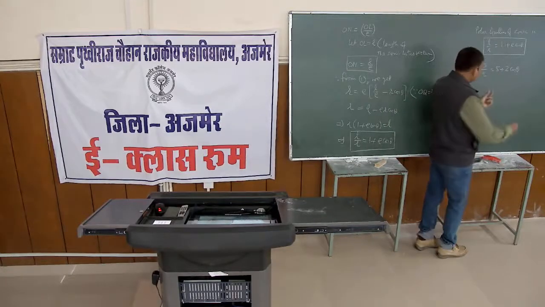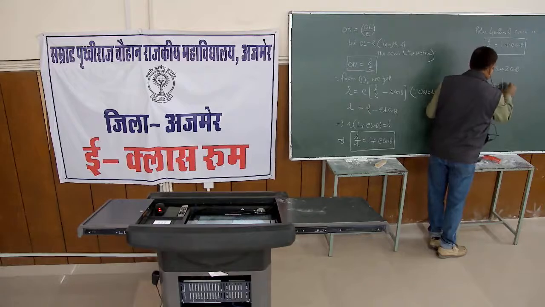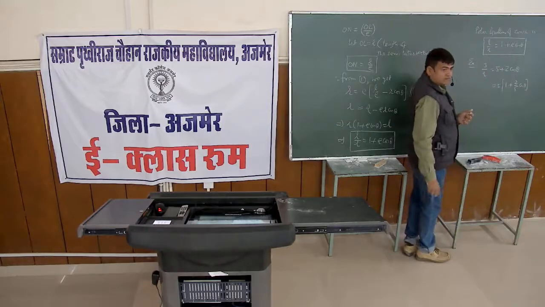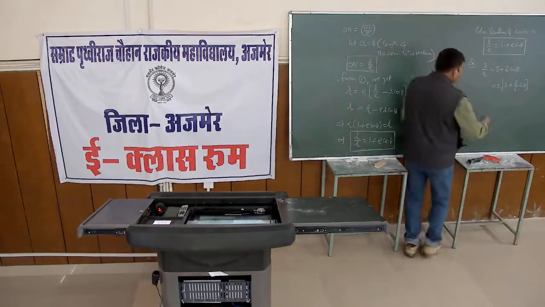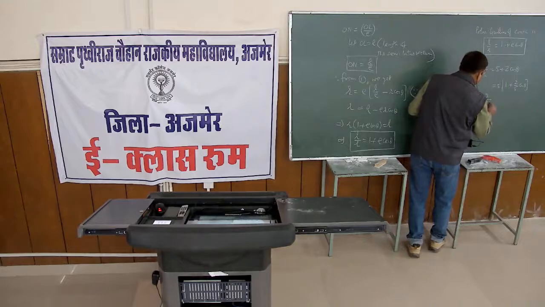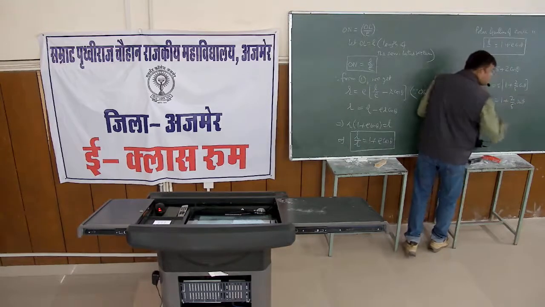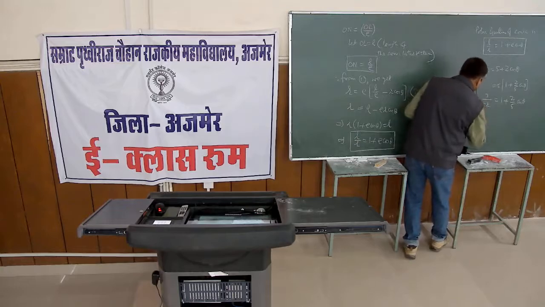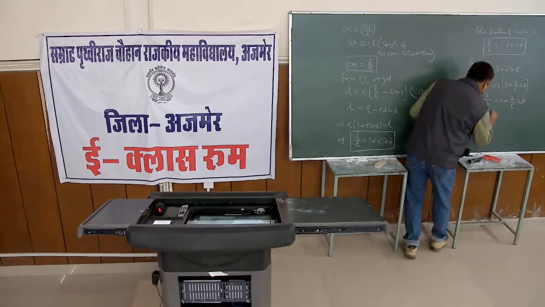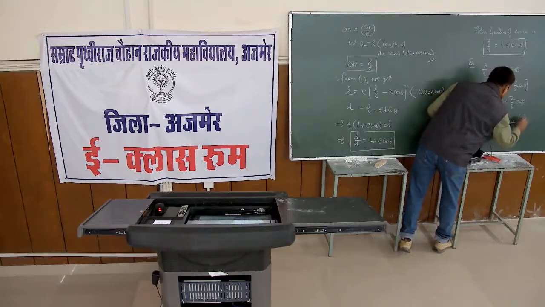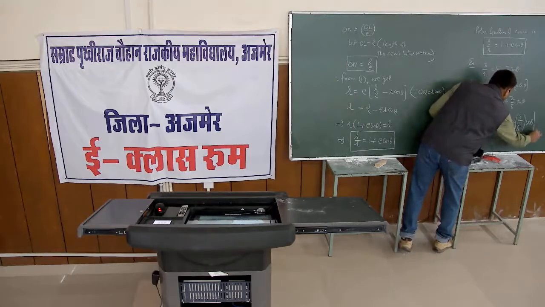Make it 1. Then it is 1 plus 2 upon 5 cos theta. Then this is 3 upon 5r equals 1 plus 2 upon 5 cos theta.